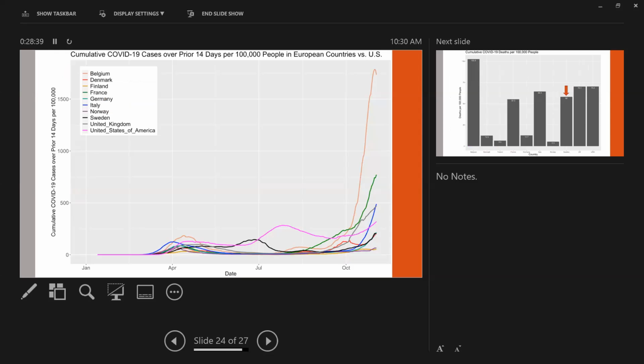You can see Belgium is kind of the basket case amongst the European nations. And mind you, these upticks in Europe, where do you acquire them? You don't acquire them in public. Mask wearing is virtually 100% in Europe. Hand sanitizing is virtually 100% in Europe. Where are people getting these infections?